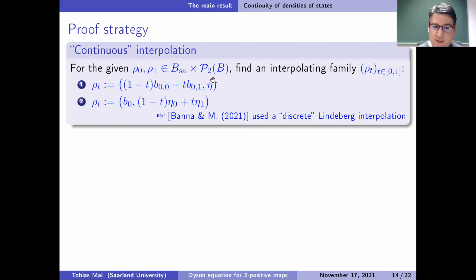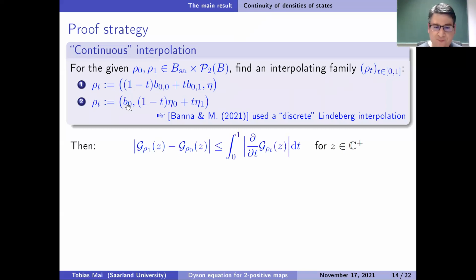So we are interpolating between the two given data pairs by an interpolating family. And we do this in the first case, where the eta is fixed, by linearly interpolating between the b's. And in the second case, we take a linear interpolation between the etas and leave the b0 fixed. Then the idea is that we just use the fundamentals of calculus.